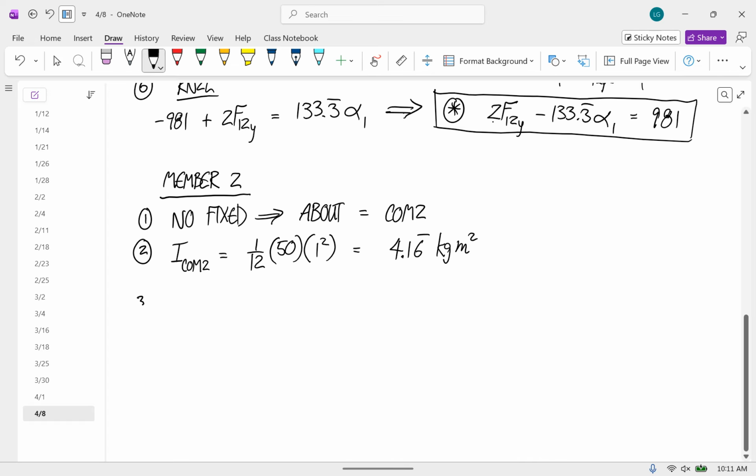And then free body diagram. We have a weight force acting at the middle. So that's 50 times 9.81, 490.5. Up here, we have a pin joint. So we know that's an unknown force vector. That's the force on 2 by 1. But Newton's third law says that that is negative force on 1 by 2.